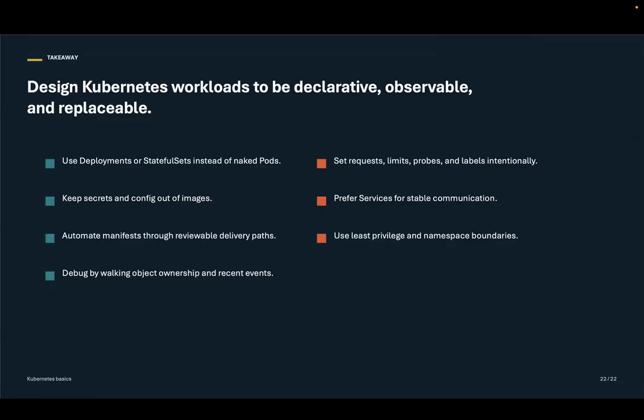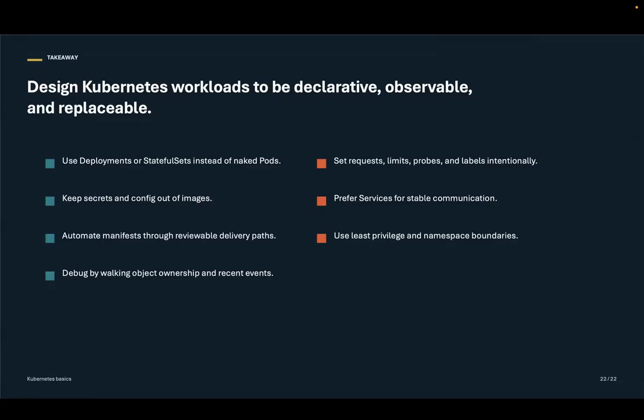When you debug, you look at who the owner is and the recent events. Kubernetes is always constantly telling what it is trying to do, so it is up to the developer or engineer to use the available debugging tools to find out where the error is.